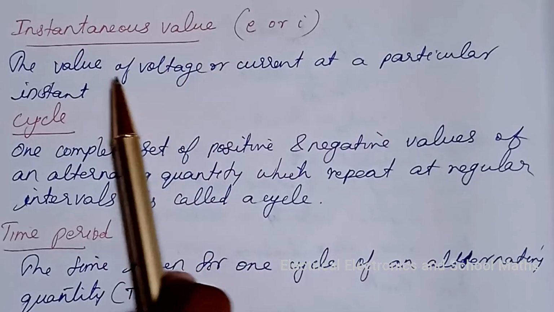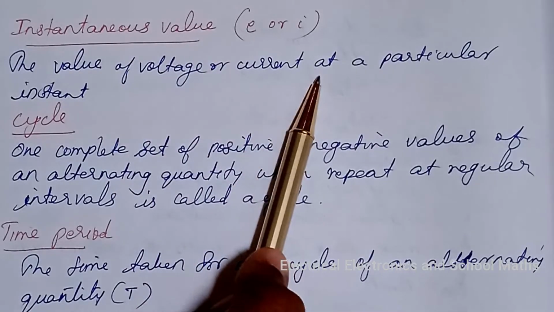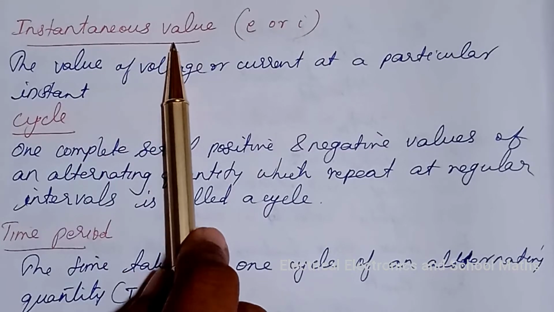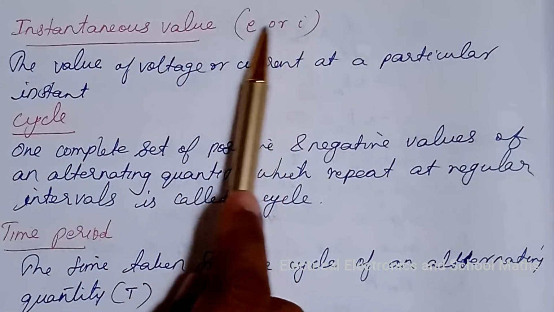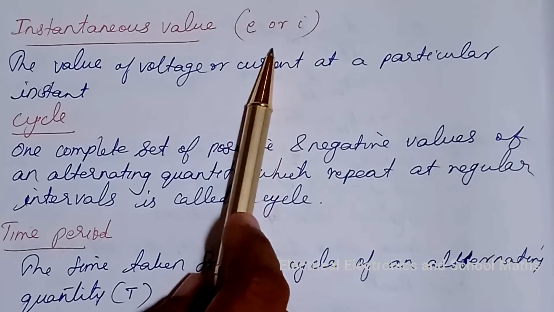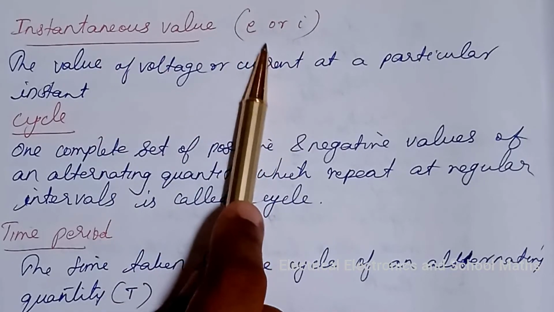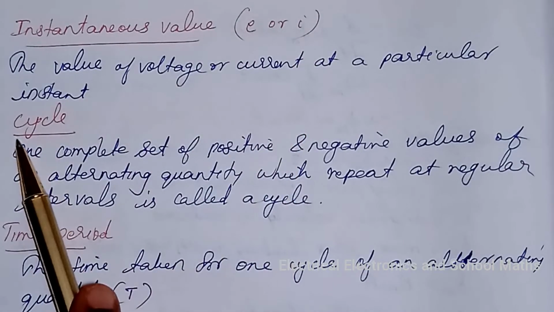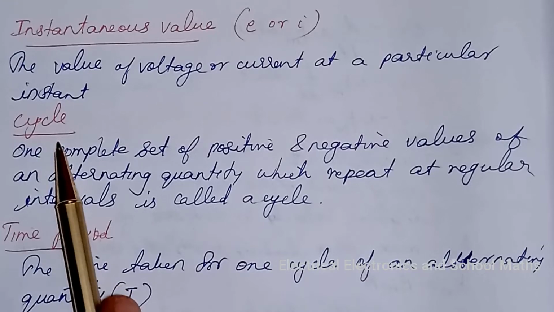Instantaneous value. The value of voltage or current at a particular instant is called instantaneous value. Generally, small letter e or i are used for representing the instantaneous values of alternating voltage and current respectively. Next term is cycle.